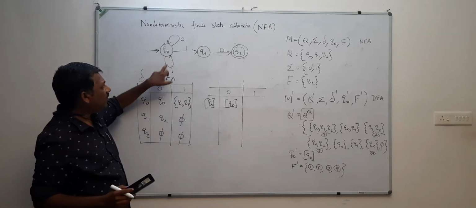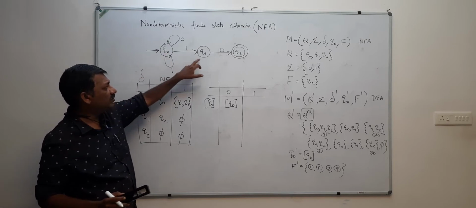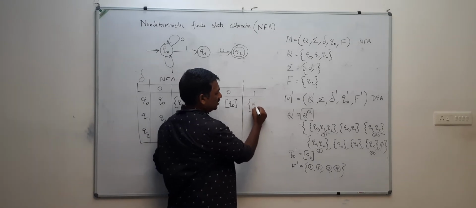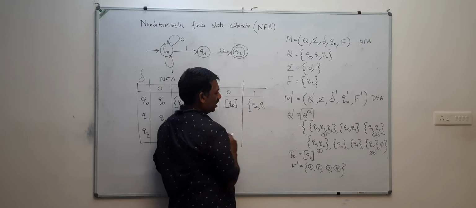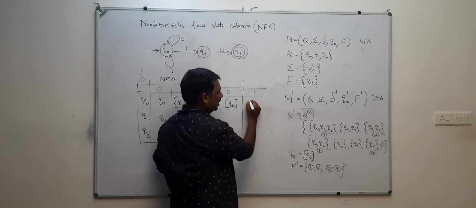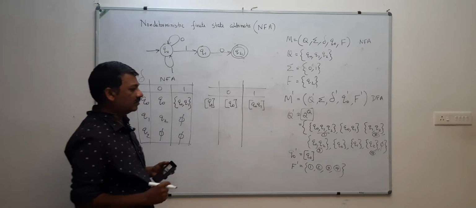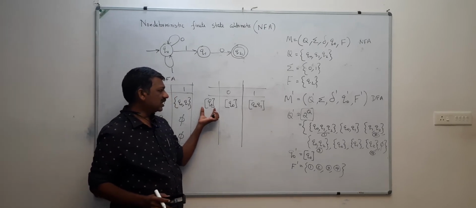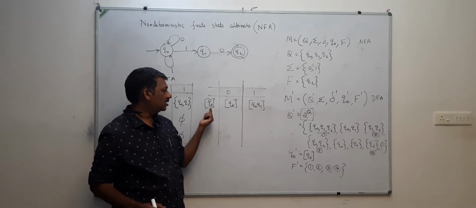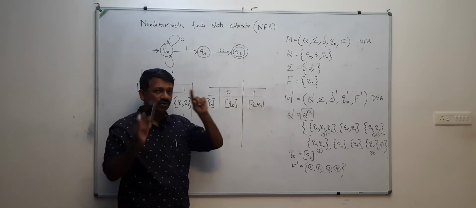And Q0 upon reading 1, what will happen? It either stays in the same state Q0 or moves to the state Q1, and that set of states {Q0, Q1} is represented by a single state, [Q0, Q1]. That means from the start state, if the input is 0, it stays in the same state, and upon reading 1, it moves to a new state which is represented by [Q0, Q1] in square brackets.